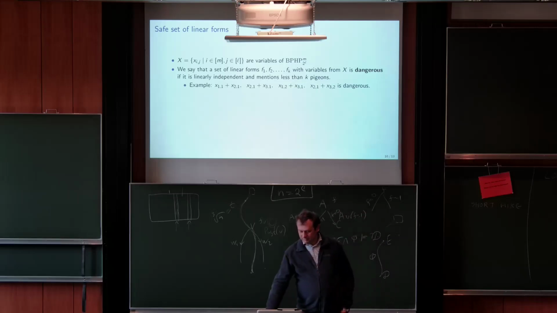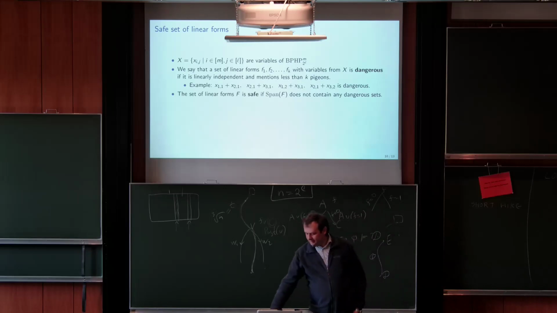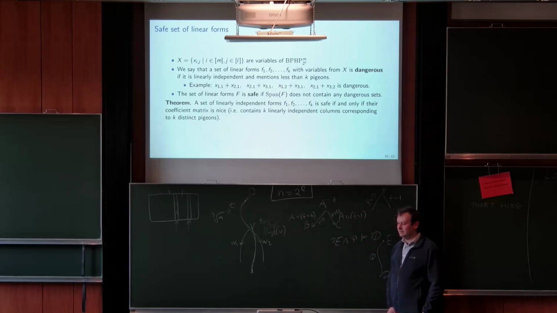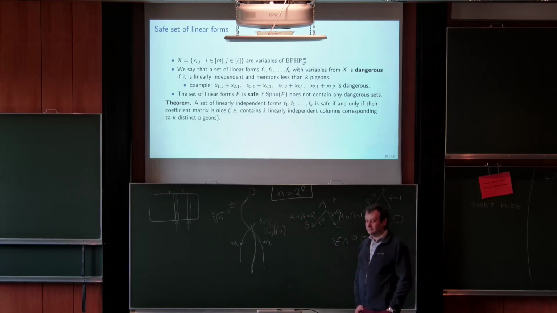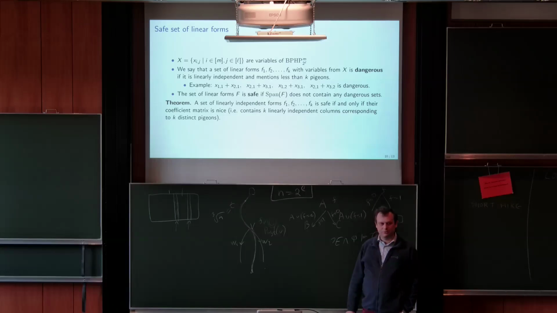For example, this set is dangerous, and we say that a set of linear forms is safe if its span does not contain any dangerous set. And the nice theorem says that a set of linear forms is safe and linearly independent if their coefficient matrix is nice. I will not prove this theorem, but the proof uses an extension of Hall's matching theorem for matroids.